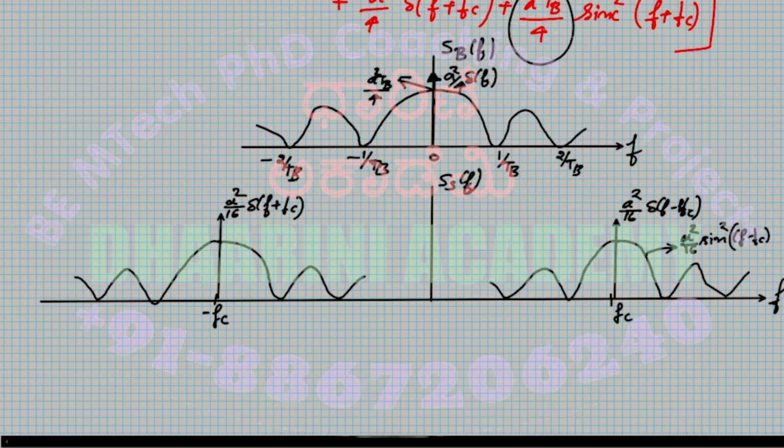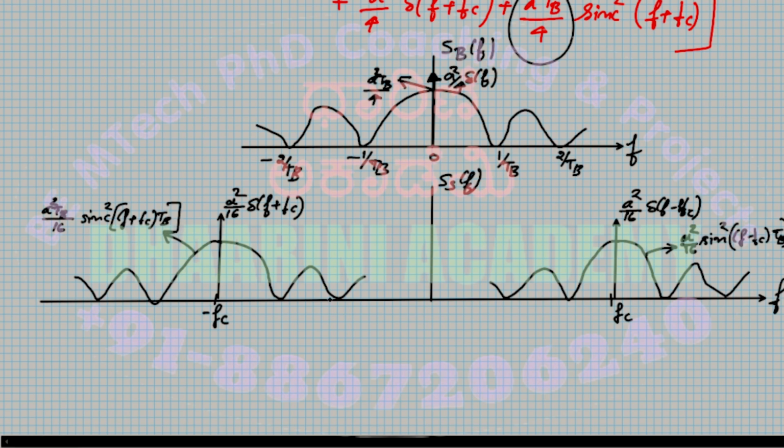Similarly, what is the equation of the one which is shifted to the left by fc units? That should be A square TB by 16 into sinc square of f plus fc times TB.